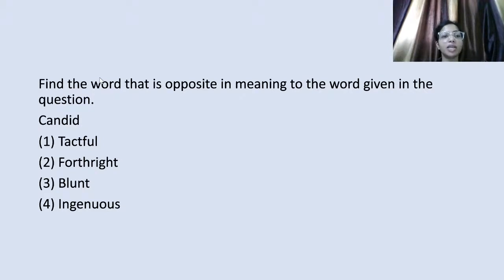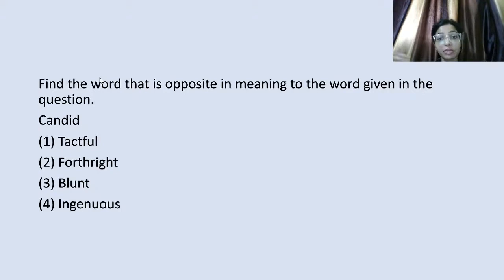तो आप देखोगे इसमें जो candid है, candid means somebody who is very genuine, who comes up as a very natural and organic person, a spontaneous person. तो जो कैंडिड स्पॉन्टेनियस लोग हुए, फोर्थ राइट जो है वो बोल देते हैं, ब्लंट जो रूड ही सही लेकिन जो है वही बोलते हैं, एंड इंजेन्युअस पीपल आर वेरी सिंपल इनोसेंट यानी वो ज्यादा दिमाग नहीं लगाएंगे. इन सबका एक ही मीनिंग है. ऑपोजिट बस टैक्टफुल रहा जो कि धूर्त तरह के लोग होते हैं या टैक्टिक्स वाले लोग होते हैं, विटी क्लेवर पीपल. सो टैक्टफुल इज द राइट आंसर फॉर दिस क्वेश्चन.